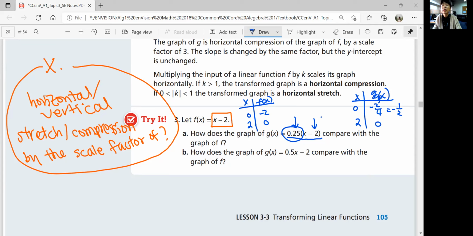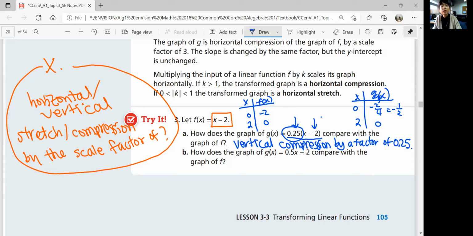But look at 0 comma negative 2. From negative 2, your values became smaller. So you would say, this is a vertical compression by a factor of 0.25.